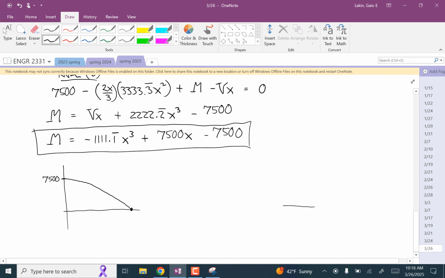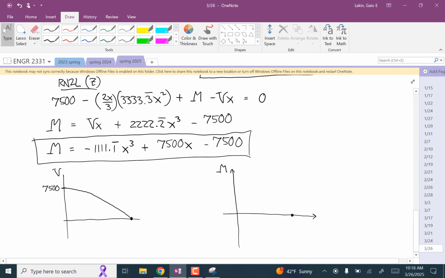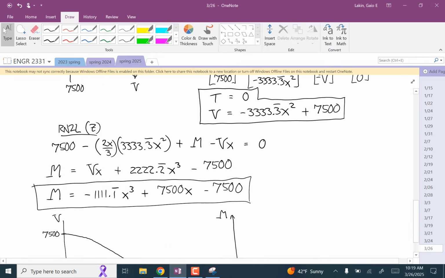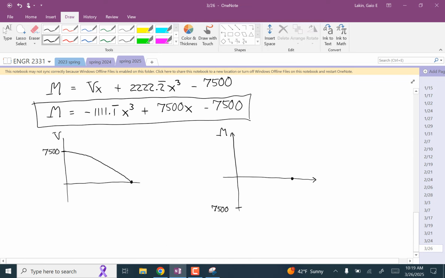And then the bending moment, so that is going to be negative 7,500 here. And it's going to be 0 here.